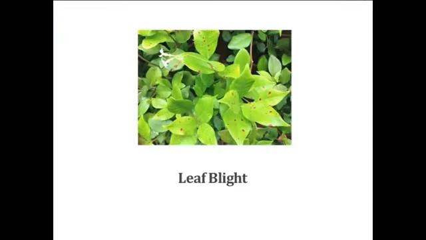Next disease is leaf blight. The disease is characterized by circular to irregular reddish brown spots with a darker border on both surfaces of the leaf and on other aerial parts of the plant. It leads to premature defoliation, which has an adverse effect on flowering.